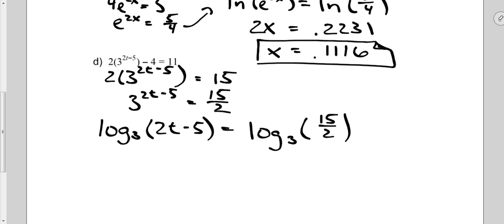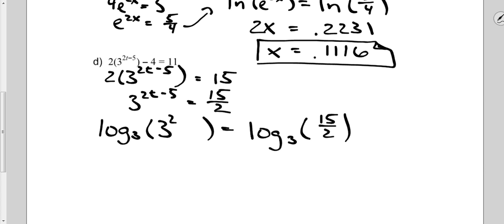I took the log of the right side, right? It's supposed to be 3 to the power of 2t minus 5. I should take the log of both sides of this, but did I take the log of the left side? No. So I would change this in order to make it correct. Good catch, Jake.